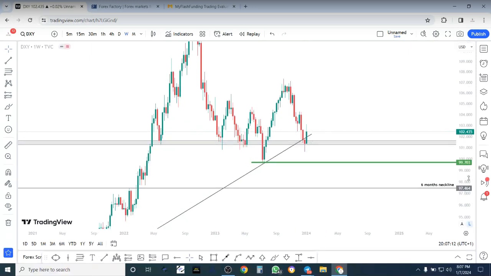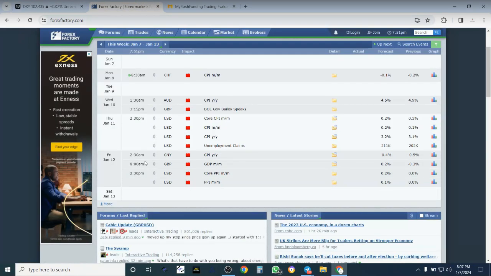So if we go to the lower time frame, you will see I'm kind of skeptical about how next week is going to play out. I think we have CPI for next week. Let's look at the calendar. I think we have CPI next week. Yeah, on Thursday on USD. So I think this is going to decide what's going to happen for this month, right?